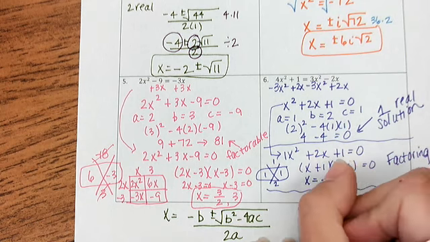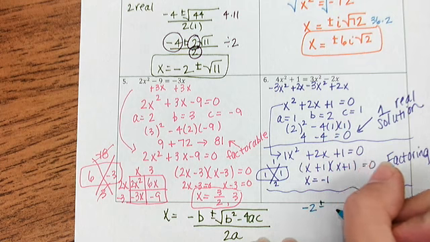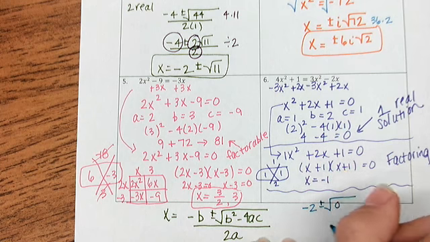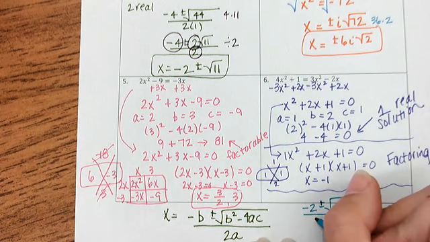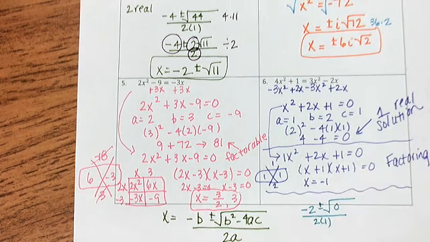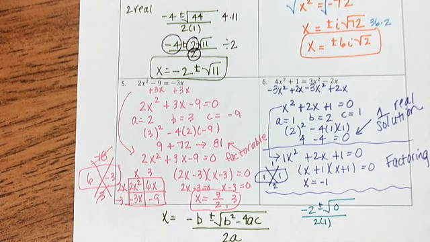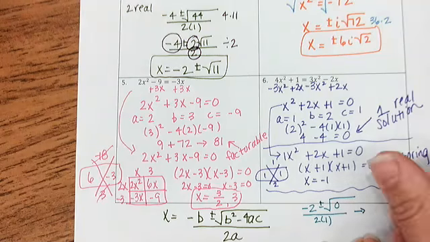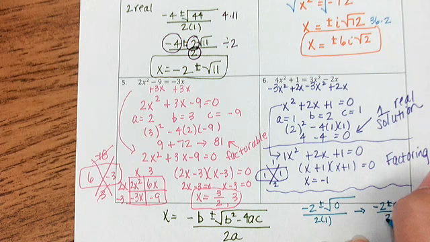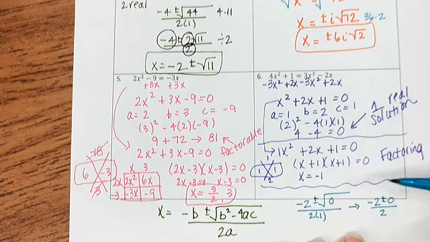B is 2. Plus or minus the square root of b squared minus 4ac, which we already figured out was 0, all over 2a. Square root of 0 is 0. So this becomes -2 plus or minus 0 over 2. How did I get 0? I did the discriminant to start with.